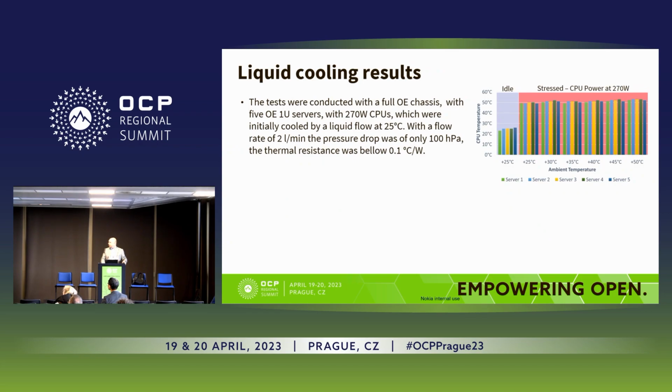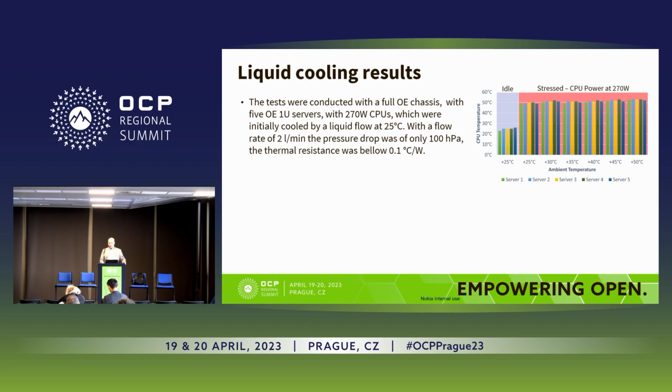Then some results are shown here. First, in this proof of concept we moved from our standard 185 watt CPU to a 270 watt CPU, quite a significant increase in CPU power. We tested with several liquid temperatures, but this figure is shown with a liquid inlet temperature of 25 degrees Celsius.